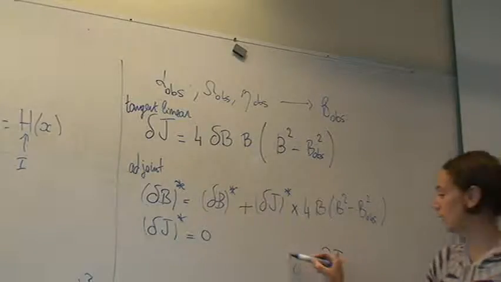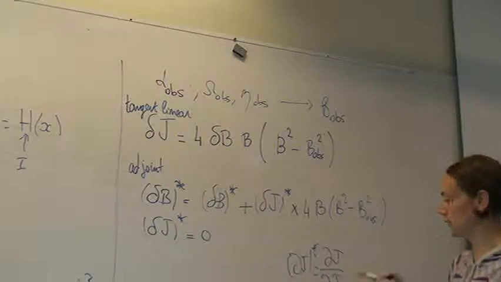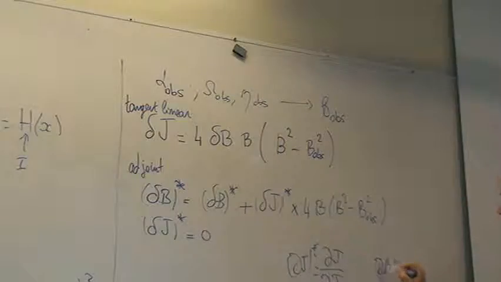So delta J star means delta J over delta J. Delta b star means the partial derivative of J with respect to b.